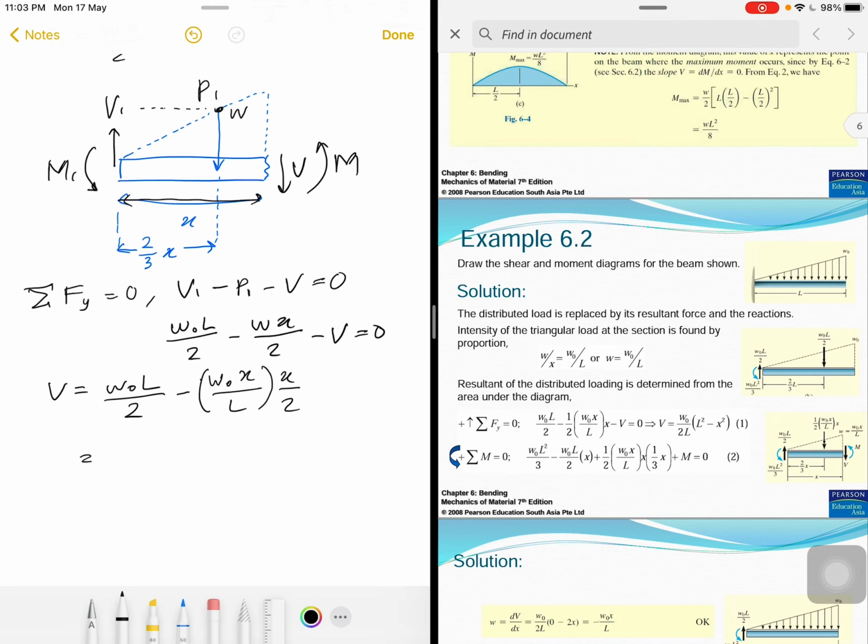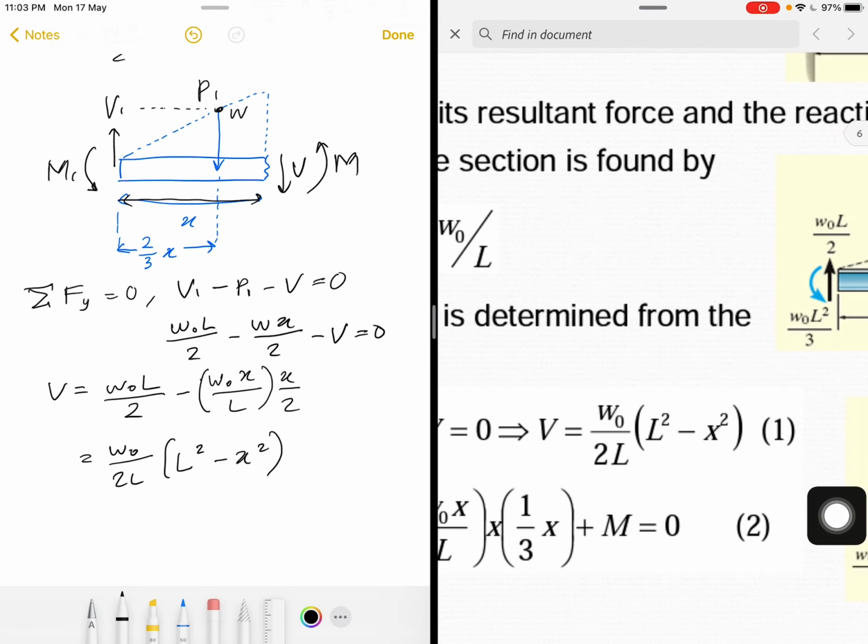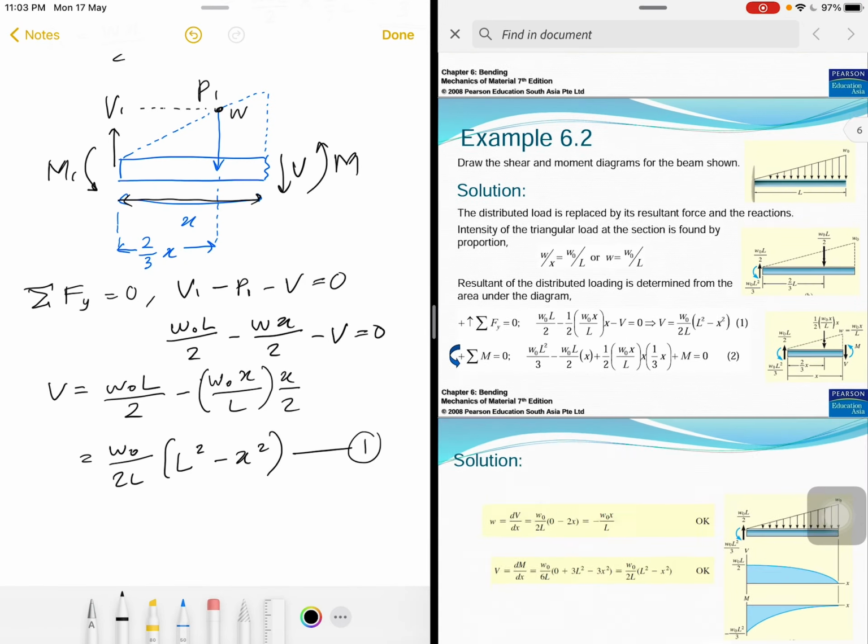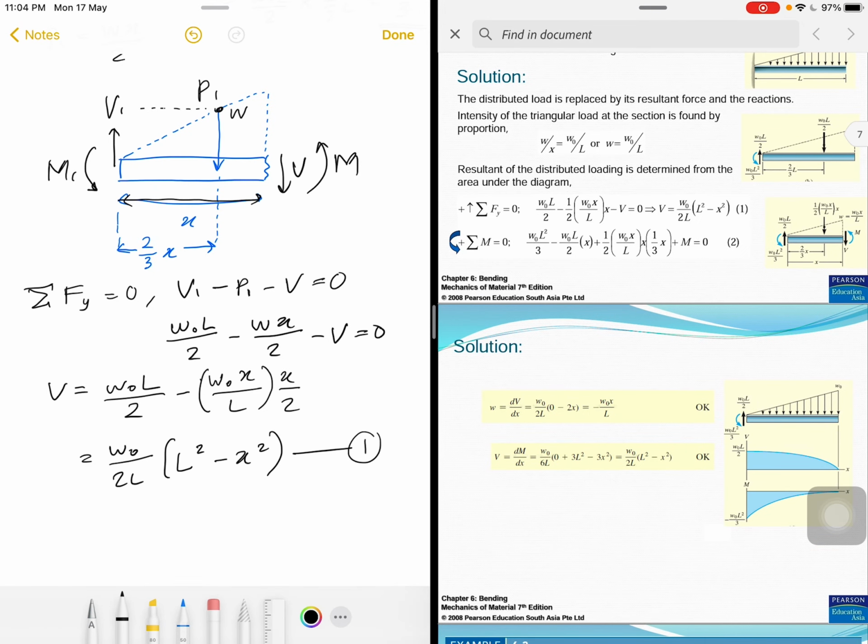Okay, and then we can simplify this equation, take out W naught, take out 2L, and what will happen is inside the bracket L square minus x square. So this one is similar with this equation right here, and we make it equation number 1. So this is the equation for shear along the beam.